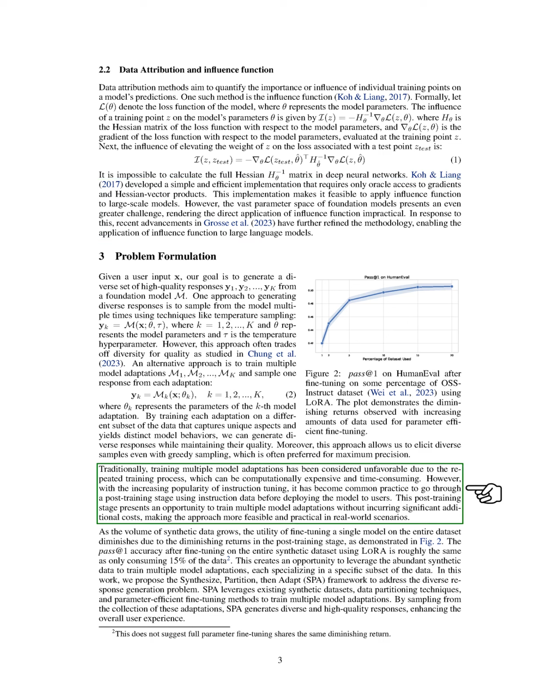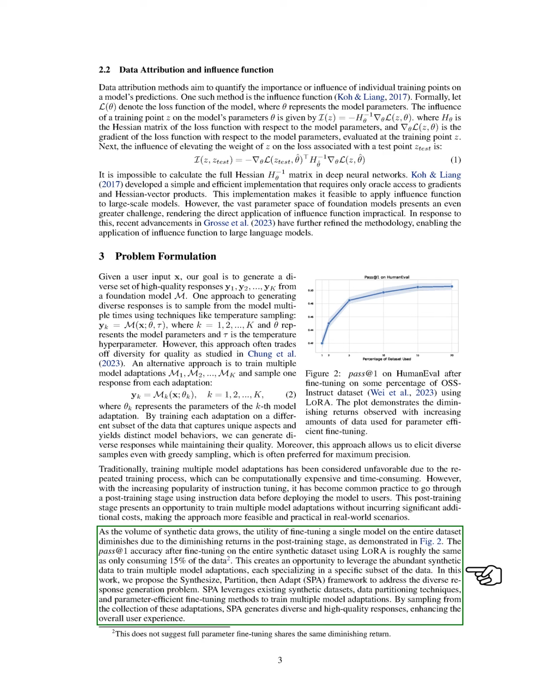Although training multiple adaptations has been seen as resource-intensive, the rise of instruction tuning has made it more practical, especially during the post-training phase. As we accumulate more synthetic data, the benefits of fine-tuning a single model on the entire dataset decrease. We find that the accuracy after fine-tuning on the full dataset is similar to using only a fraction of it.